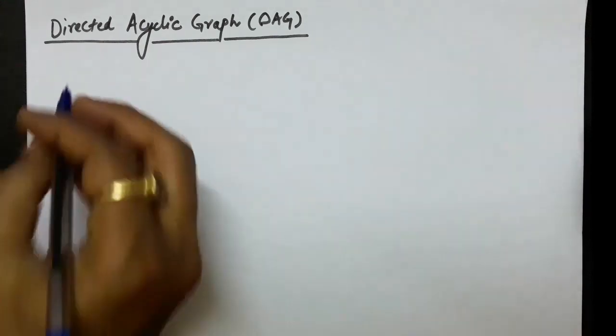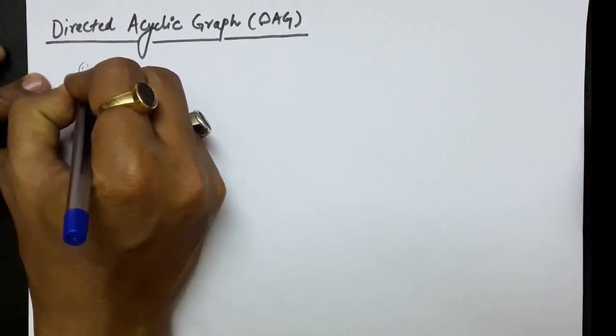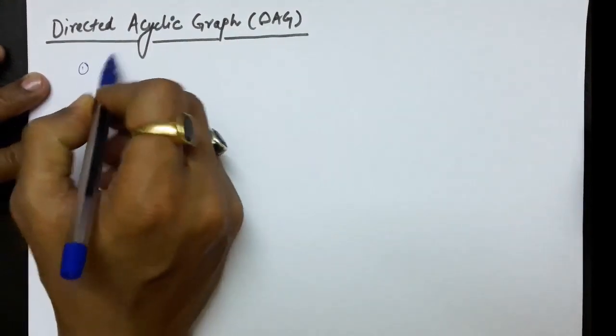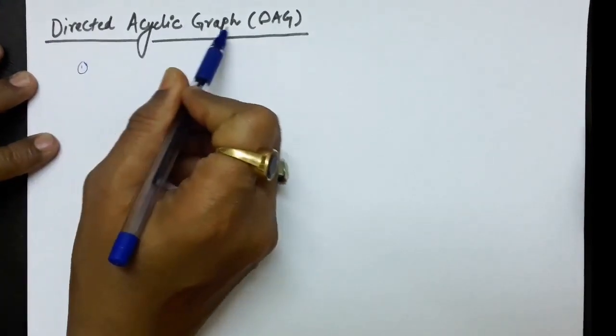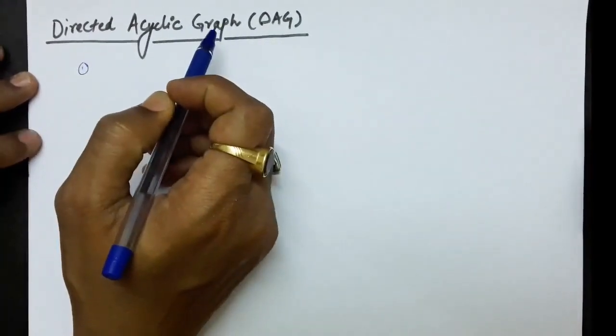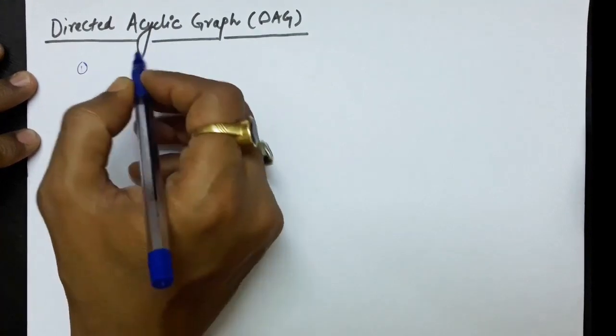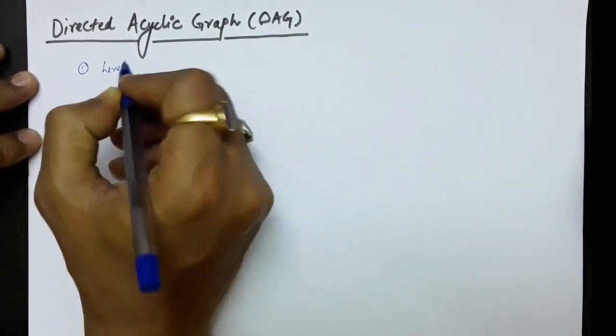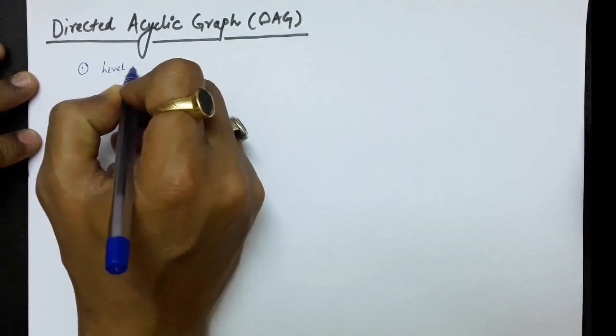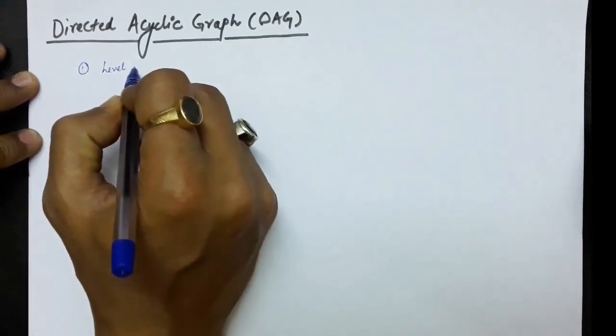The first property of the directed acyclic graph is that it is a kind of tree which will have no cycle. Obviously, the name suggests that it is a directed acyclic graph. It means this is a kind of graph wherein there will be no cycle. In this, there will be leaves, and there are different levels in the acyclic graph.